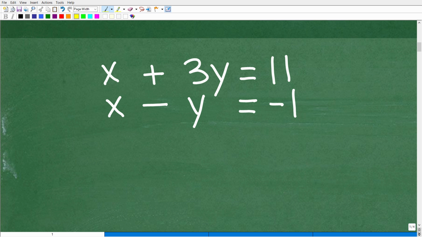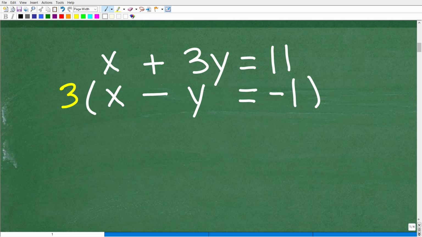So let's just do this right now. We'll multiply by 3 just to make this point. Actually, probably just multiply by negative 1. I could have the opposite on the x's, but for the purposes of this, let's multiply this second equation by 3, the entire equation. Again, you can go both routes. A lot of different options you can take when solving linear systems.